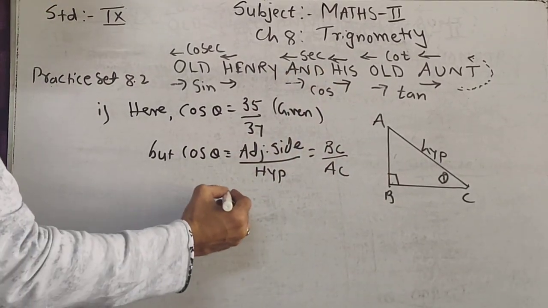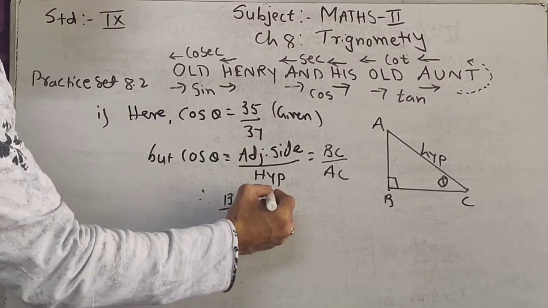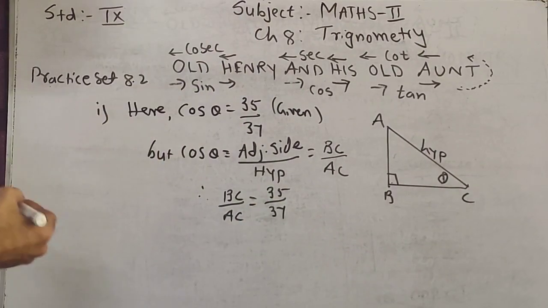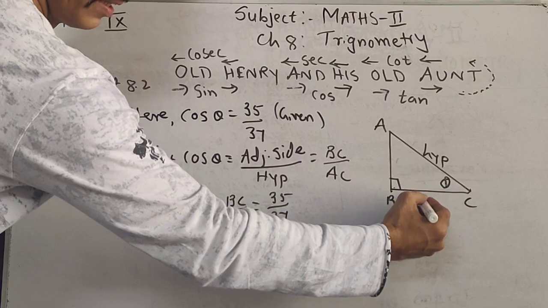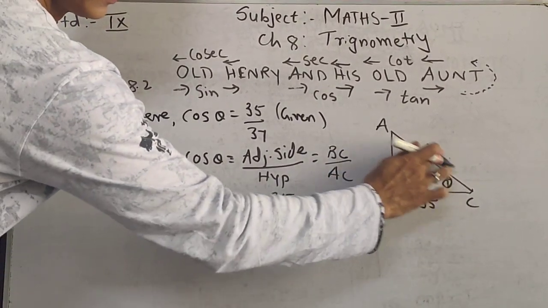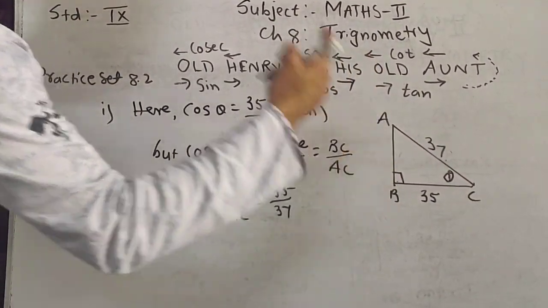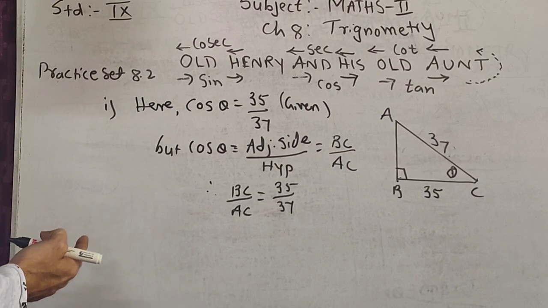Therefore BC upon AC will be 35 upon 37. BC will be 35 and AC will be 37. We have to find AB with the help of Pythagoras theorem.